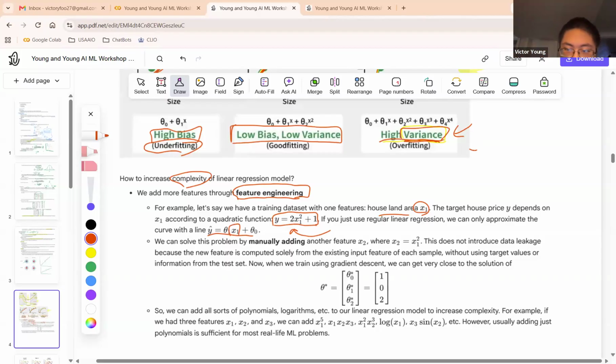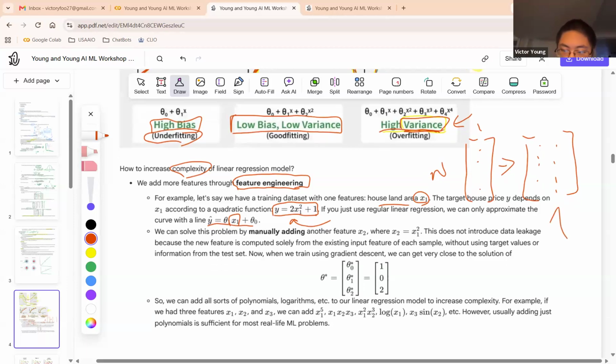Originally the dataset was like this. There are n samples, and just one feature, which is land area: land area for house 1, land area for house 2, all the way to land area for house n. But now we add another column. This column is still land area, but this column is land area squared. And then we use this to train the model.